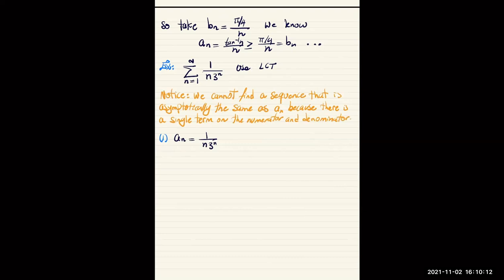If you have a single term, then where the heck would be my dominant term? Does that make sense, guys? I mean, what am I gonna do? Say this is asymptotically 1 and the bottom is asymptotically the same as n to the 3n? What the heck?